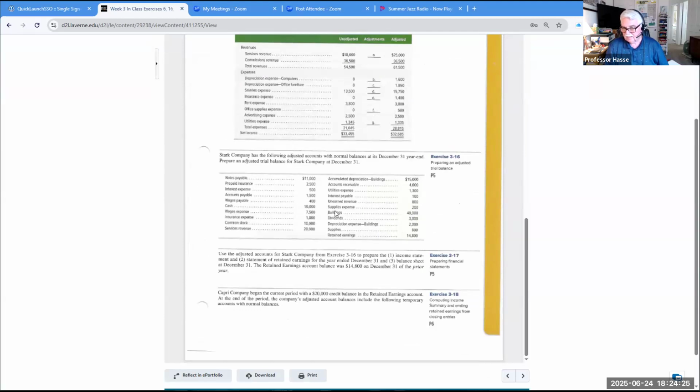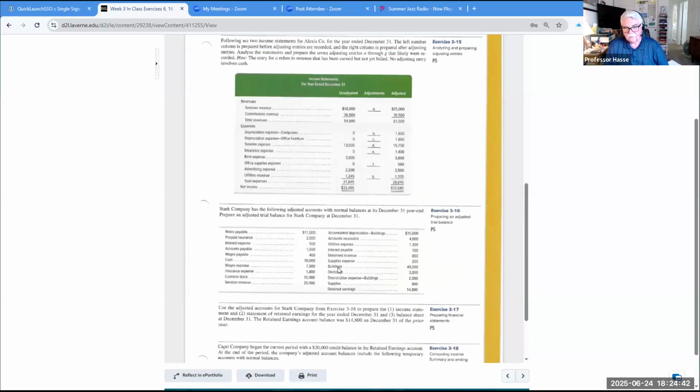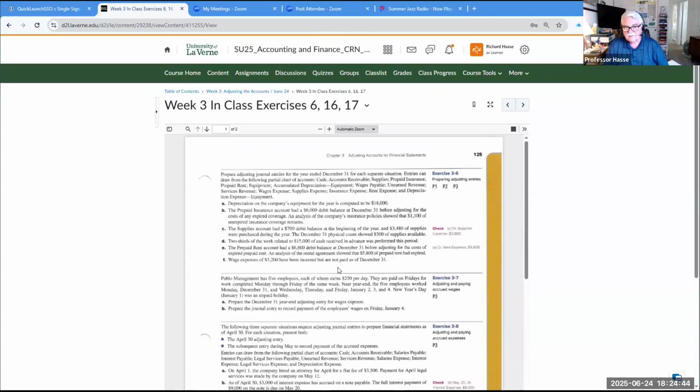And then from that trial balance, prepare the income statement and financial statements of the company for that period of time. So these two exercises highlight all the key points that you need from chapter 3 in this middle section of the accounting cycle. So they are located right here, especially if you don't have a textbook. It's good to follow along with that.